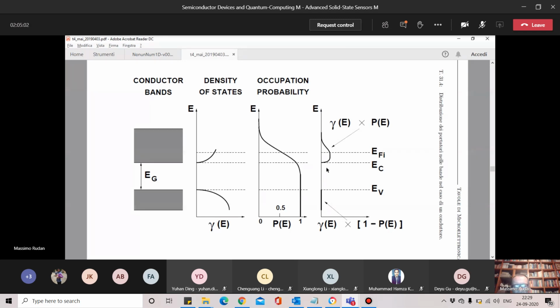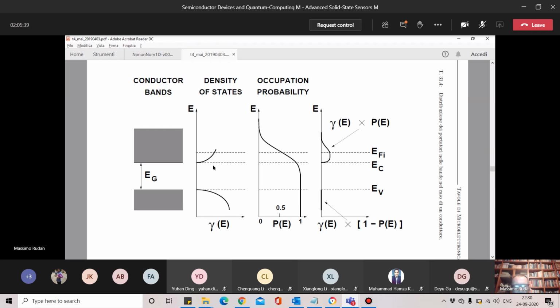Then you can also see familiar symbols. EC is the dashed line that is the lower edge of the upper band. EV is the other dashed line. It is the upper edge of the lower band. So when it happens that the Fermi level is inside a band, that band is called conduction band.